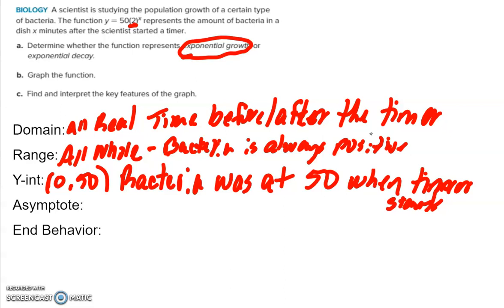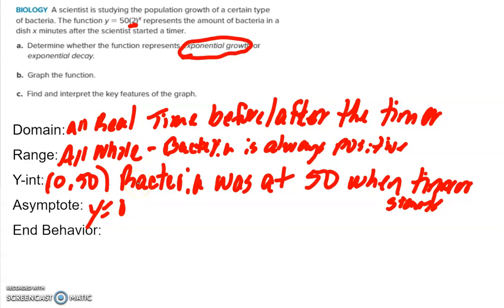Not exactly, because here you could go before the timer starts and you would still have a population in there. So we want to just make sure what is the total population of the bacteria from the very beginning to the end. Now the asymptote, this is just y equals 0, meaning that it's always positive.